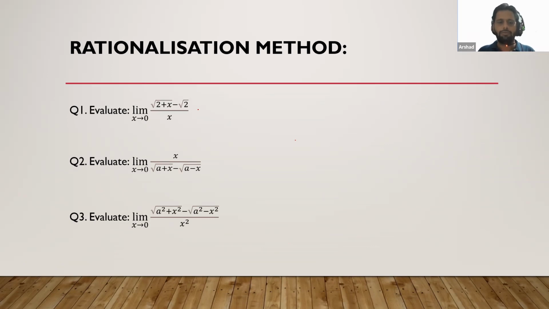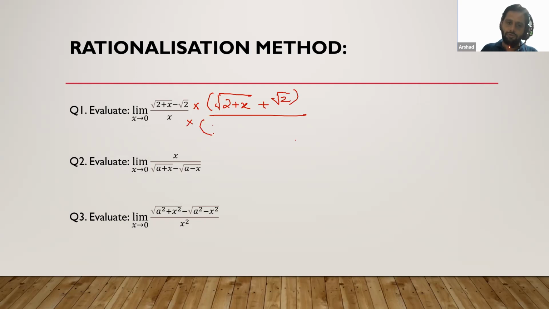So we can't proceed with direct substitution, that's why we check factorization. This can't be factorized. Now we will check for rationalization. So you will multiply and divide this with the expression root of 2 plus x plus root 2, by root of 2 plus x plus root 2.